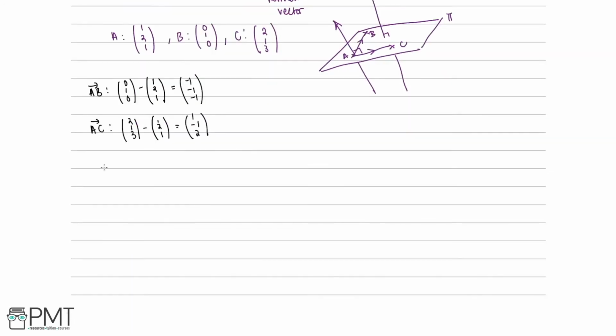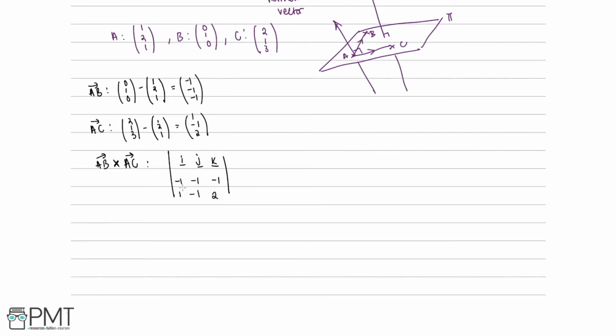We need to find AB cross AC, and in order to find the vector cross product of two three-dimensional vectors, we can put them in a 3x3 matrix and calculate the determinant of that matrix. So we have our vectors i, j, and k, and on the second row we have the vector AB, (-1, -1, -1), and on the third row we have the vector AC, (1, -1, 2).